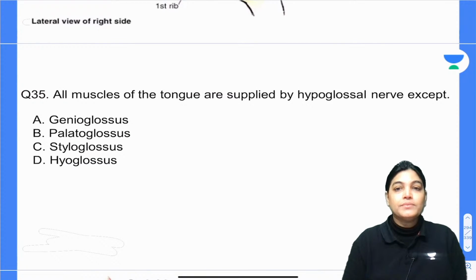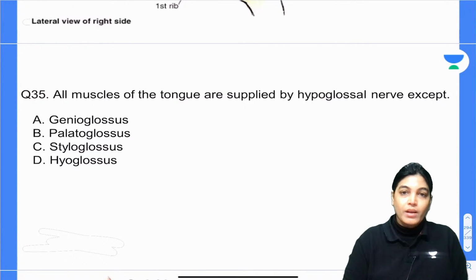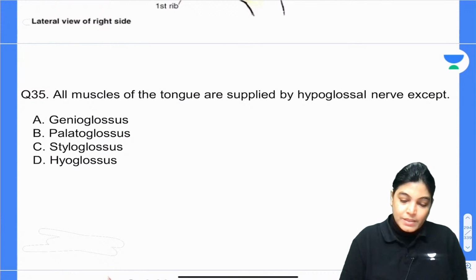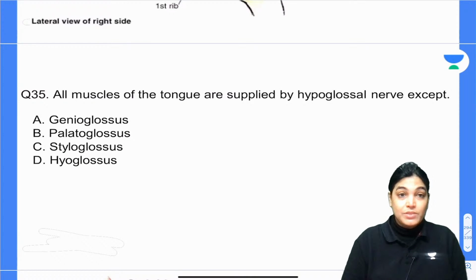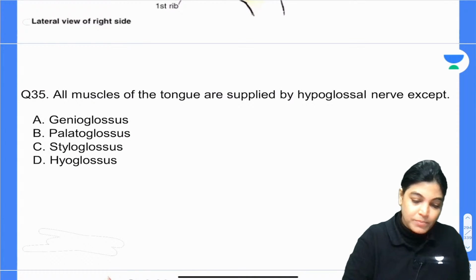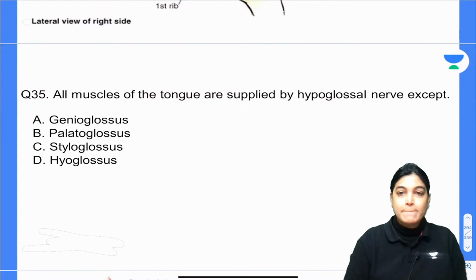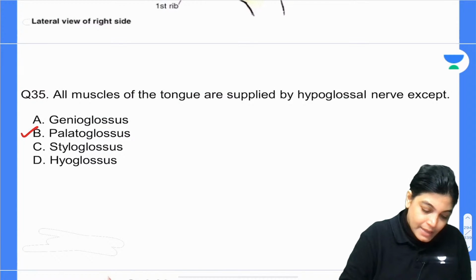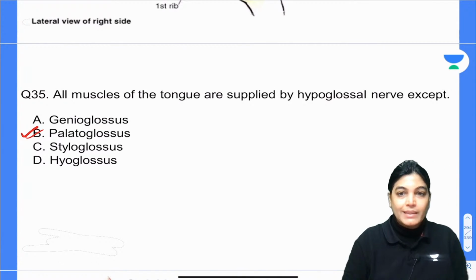Which is not getting innervation from hypoglossal nerve? Please mark the correct answer. Okay, the correct answer is B, palatoglossus.